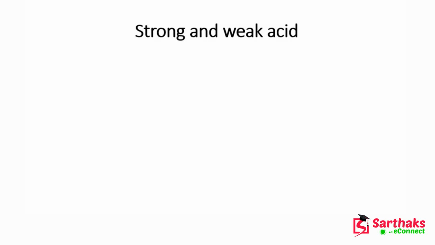So here, guys, we will be talking about what is a strong acid and what is a weak acid. A strong acid is an acid which, after dissolving in water, gives more H plus ions.